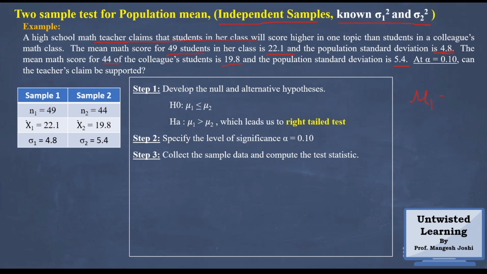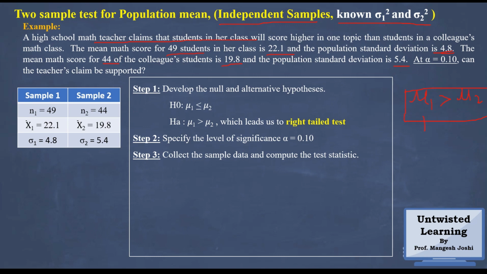She is claiming that it is higher than mu2, right? So her claim is this. But if we keep this as H0, by definition the null hypothesis will only contain an equal to sign, greater than or equal to, or less than or equal to.